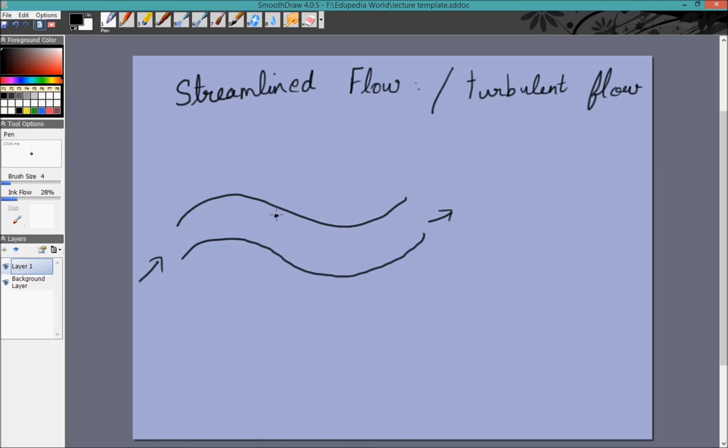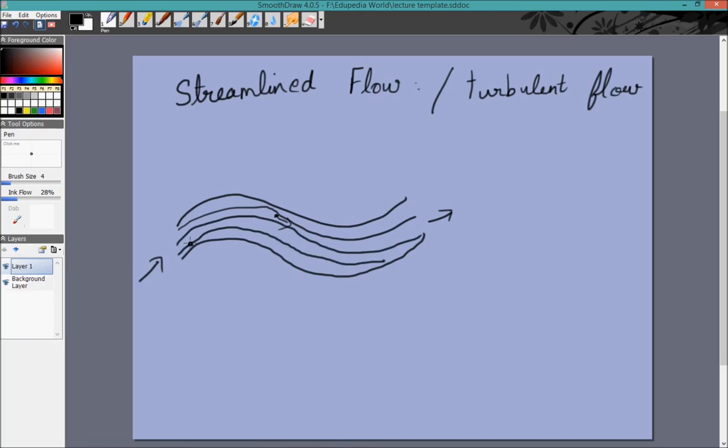So if a particular point passes through here and goes through here, 10 minutes later another point which passes through this point will have to move through this point, and that is true for every point in the pipe. So what that means is all these lines are regular lines. We call these lines of flow. This is the direction in which the molecules of the liquid will move.